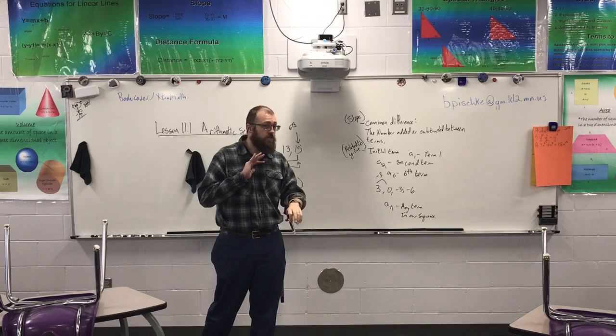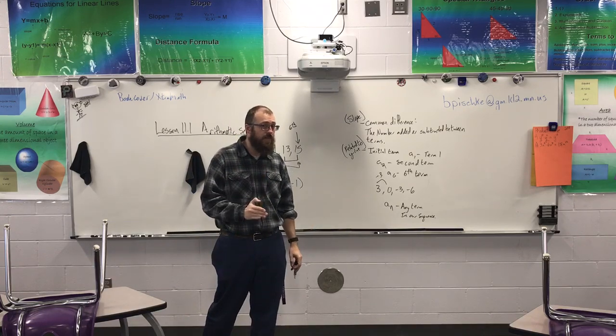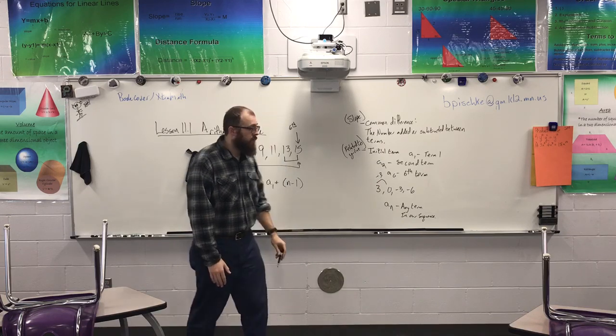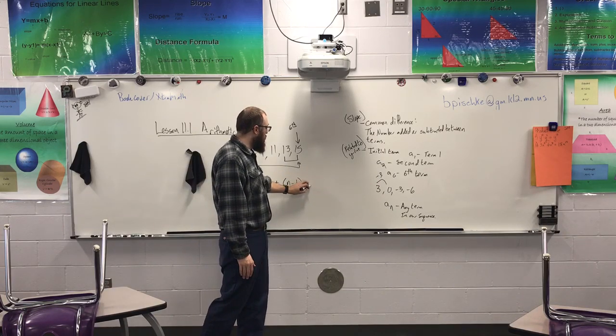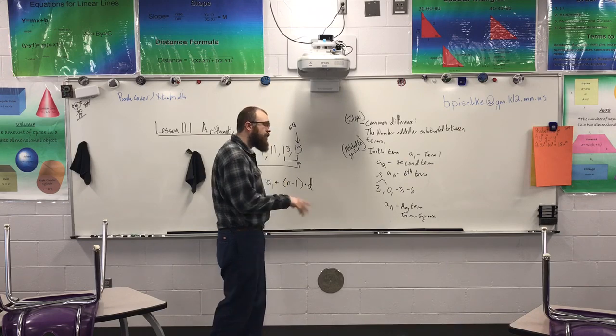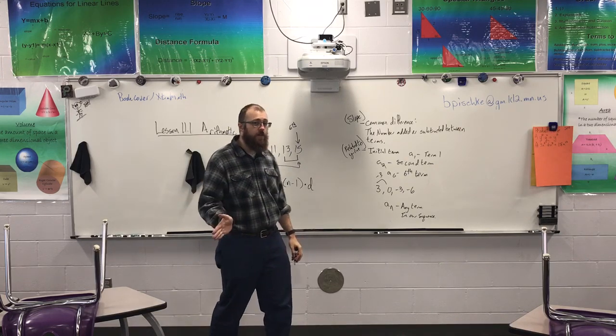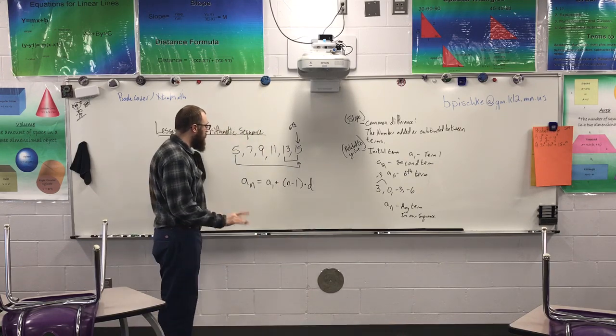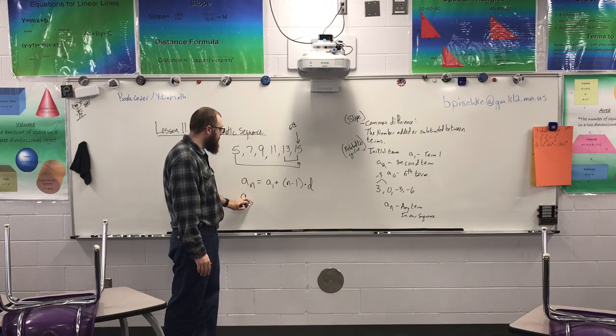If I'm going to the 20th term, I've only actually moved 19 places. Times our common difference, because that's how many jumps I'm going to make from where I start to where I end.